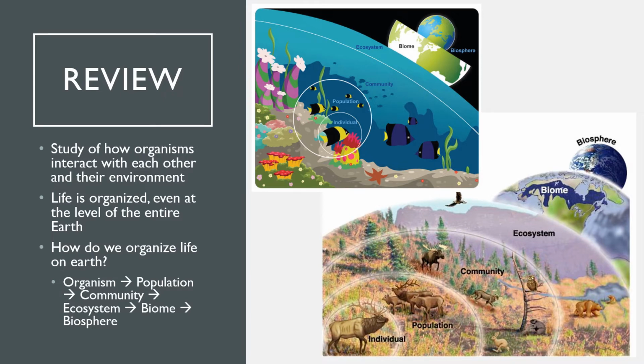So we start with the individual or the organism, and then we move to the population, which is the group of the same species, a community, which is all the living populations interacting in the same place at the same time, the ecosystem, which is all of the communities and how they interact with the non-living things, the biome, which is just a similar group of ecosystems with the same climate and the same communities, and then finally the biosphere is putting it all together.